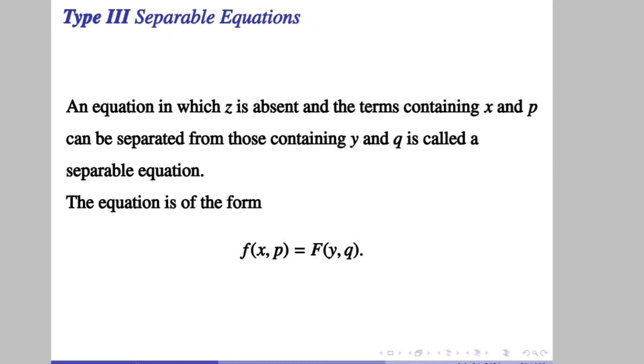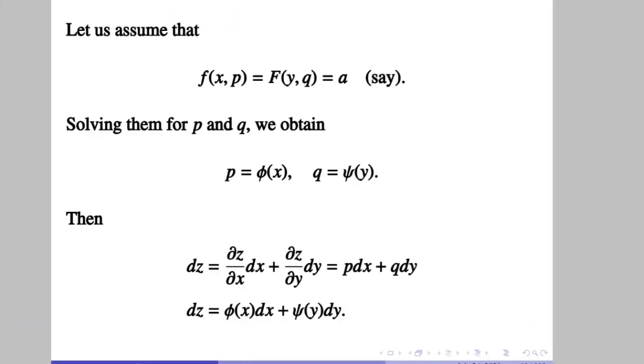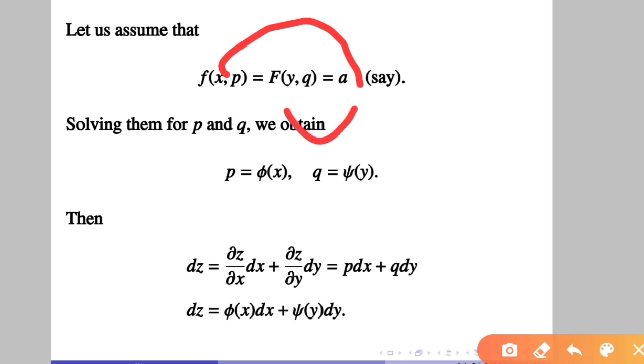Third type, separable equation. If this equation you can split into x and p separately, y and q separately, and you can take it as a, we can find p from f of x comma p is equal to a, and find q from the last two equations.